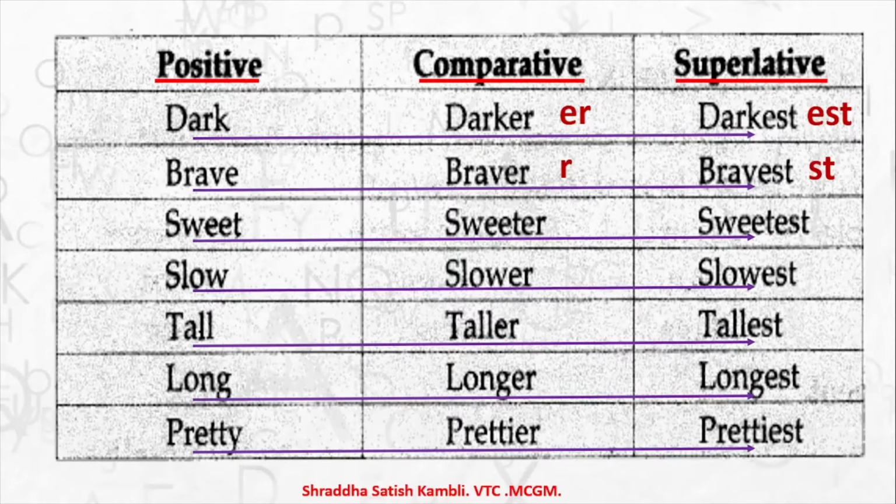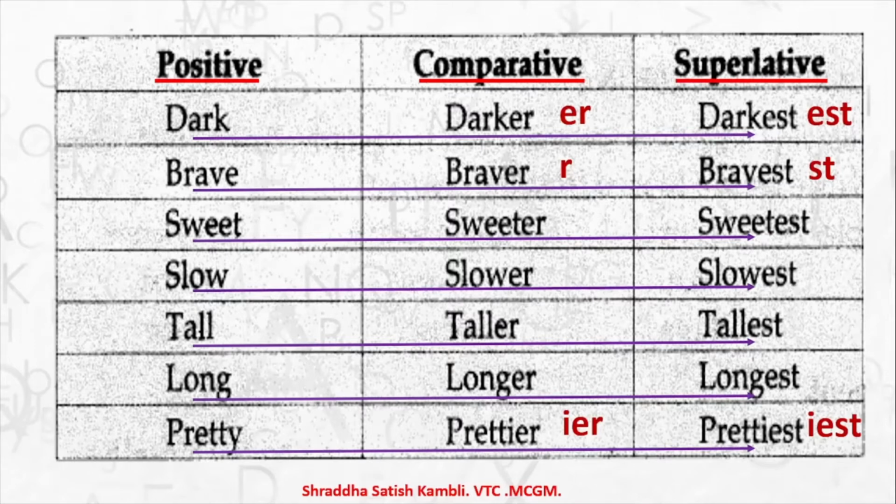Dark took ER and EST, whereas brave is taking only R and ST. Whereas, let's take a look at the last word here. You have pretty. Now, pretty is taking IER and IEST, and it is dropping the Y at the same time. Can you see? Pretty. Now, Y is nowhere seen in prettier and prettiest.